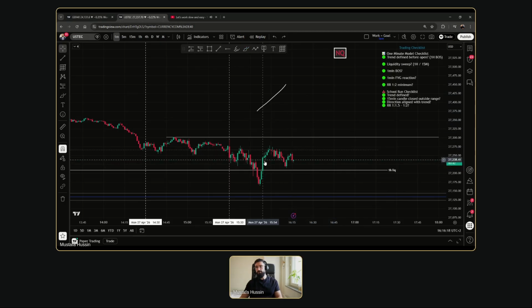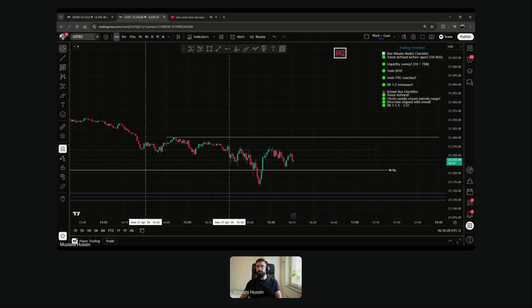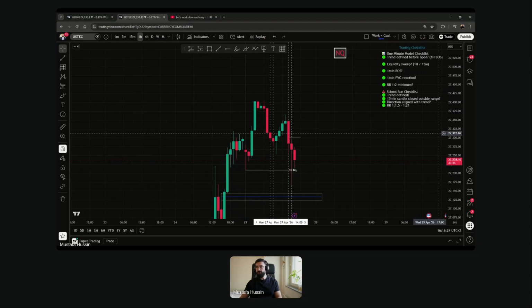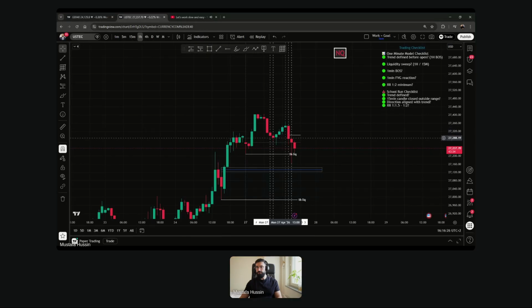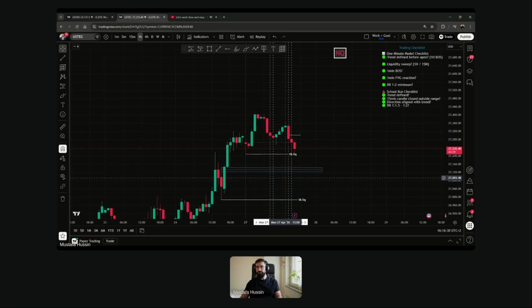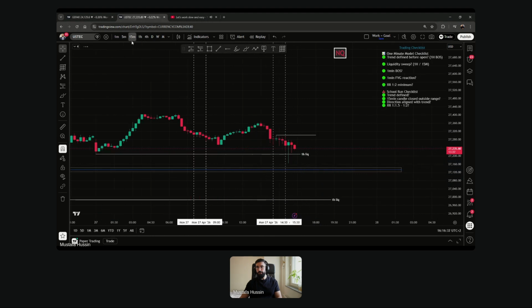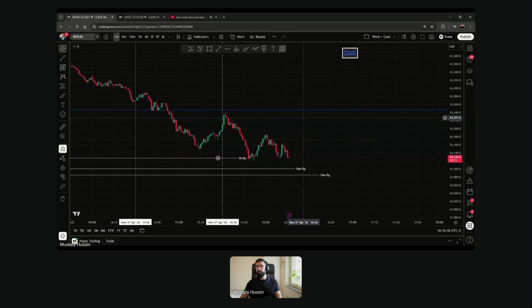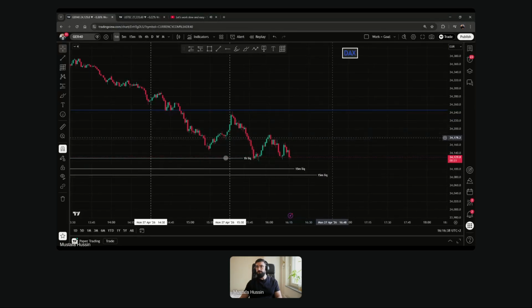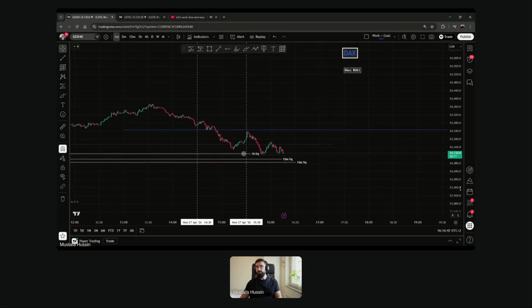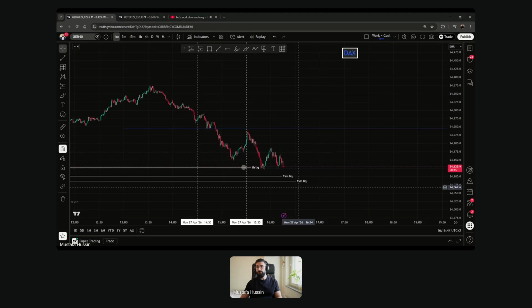Even though it took out and created fair value gaps and reaction off of them, the trend is not really defined right here. You can see that the DAX is continuing to the downside to take out some more liquidity.